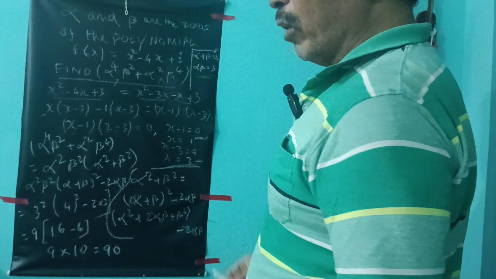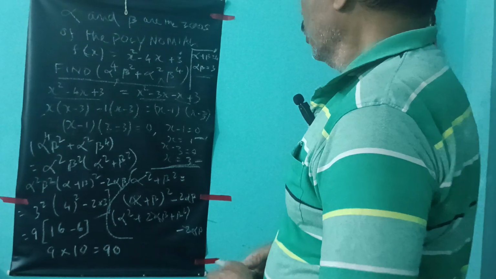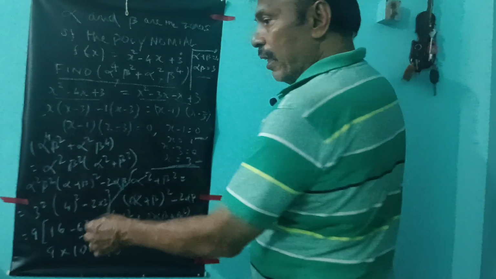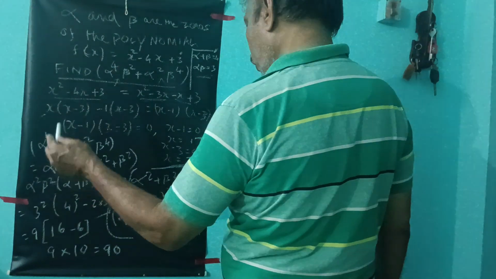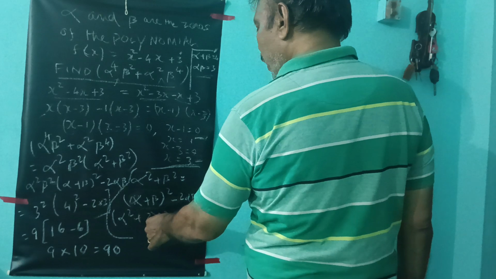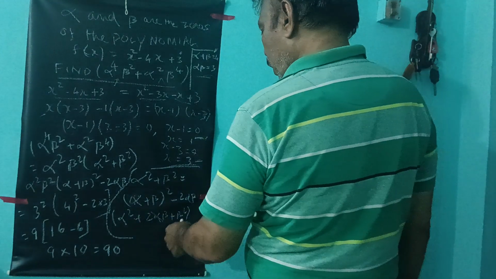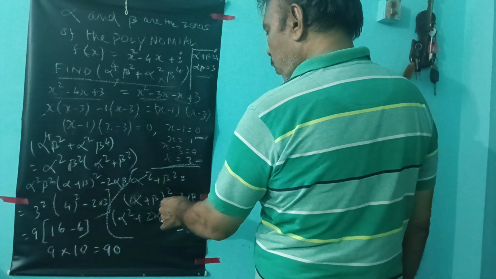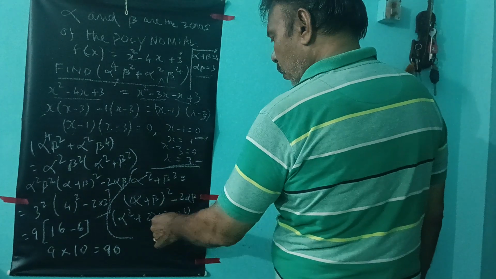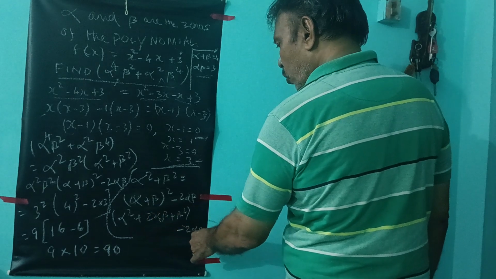a plus b the whole squared equal to a squared plus 2ab plus b squared. So that is why I have written alpha plus beta the whole square. It is like a plus b the whole square, equal to alpha square plus 2 alpha beta plus beta square. Now if you subtract 2 alpha beta, the plus 2 alpha beta and minus 2 alpha beta go out.